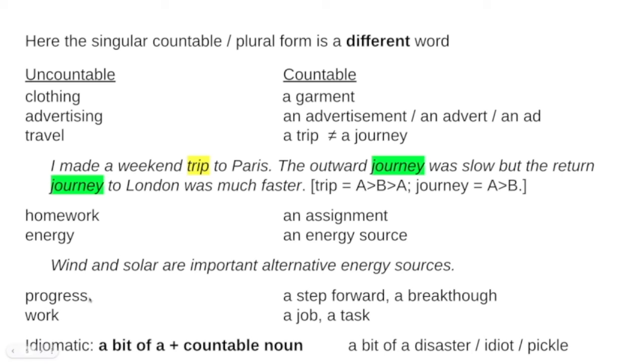The word progress, we know, big word in English. You are making progress in English, I hope and I'm sure. But if you want to say a progress, what can you say? Well, if it's a bit of progress, a step forward, an improvement. If it's a significant bit of progress, then it's a breakthrough.